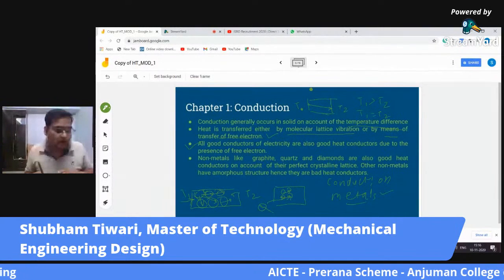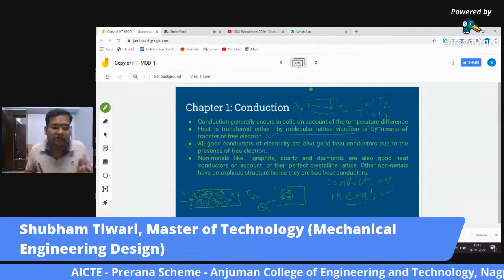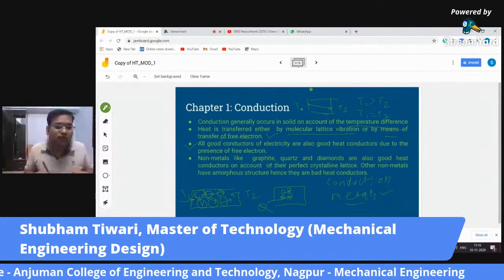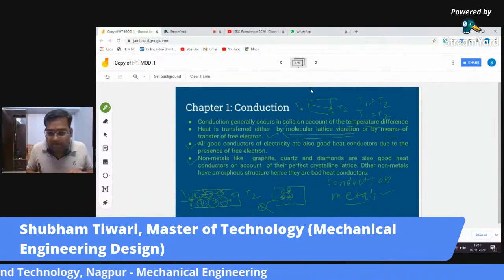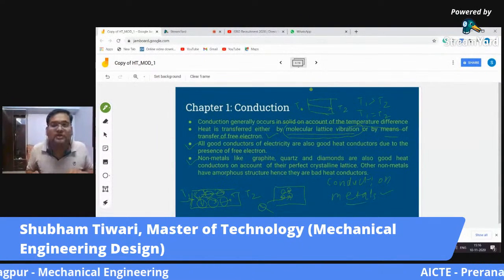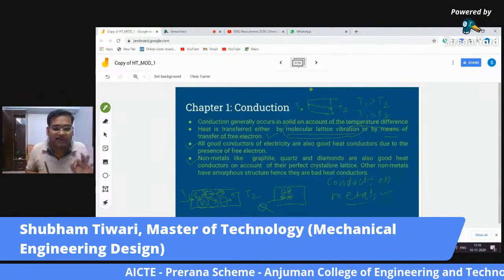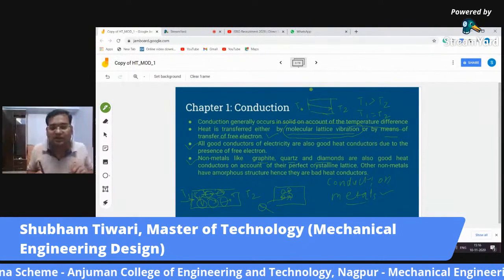So does that mean all non-metals, which do not have the presence of free electrons, are bad conductors? The answer will be no, because there is another factor that causes heat conduction, that is molecular lattice vibration. We have seen it. There are some non-metals like graphite, quartz and diamonds.